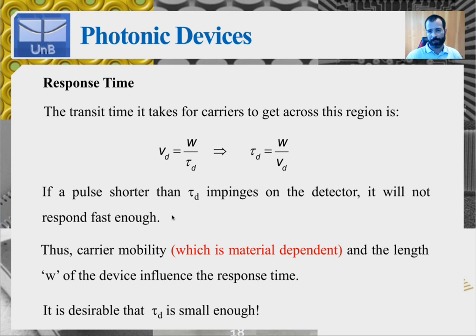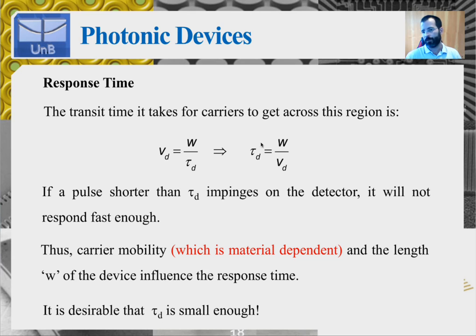Because by the time the pulse ends, the generated carriers will not have been able to get across the depletion region fast enough. So the device is not going to be able to respond fast enough.